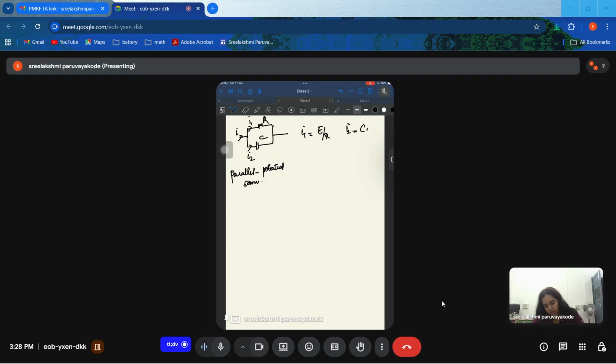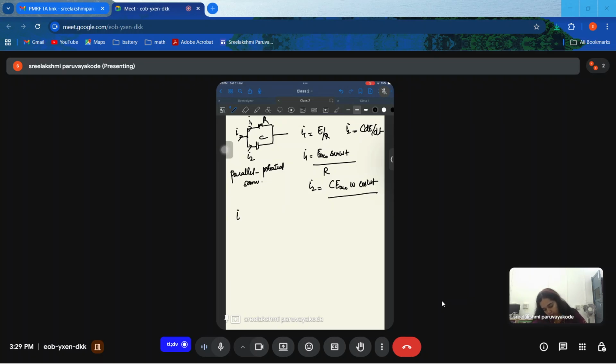That is nothing but C dE by dt. So I1 equal to E AC naught sine omega t by R, because E equal to E AC naught sine omega t. Similarly, I2 equal to C times the derivative, so E AC naught omega cos omega t, right? So this is how you'll get I1 and I2.